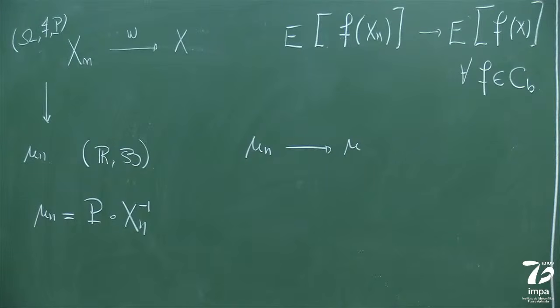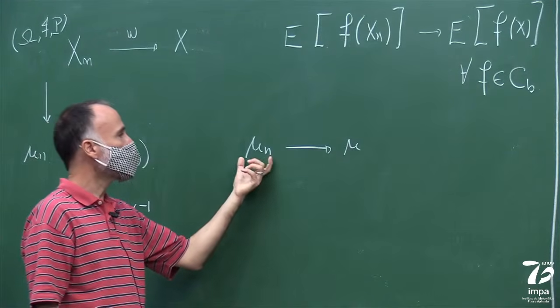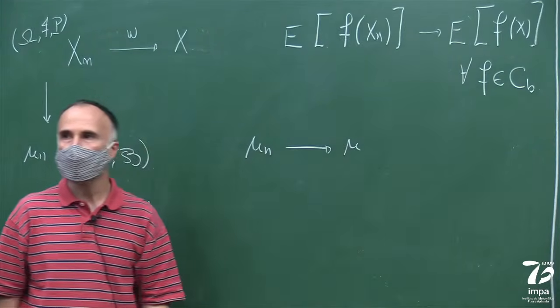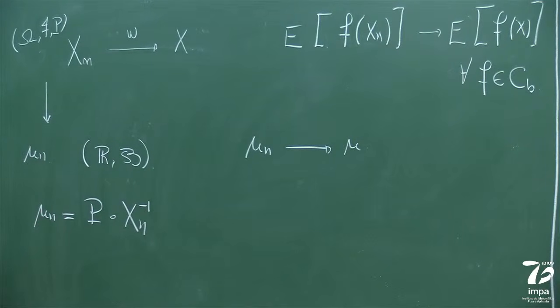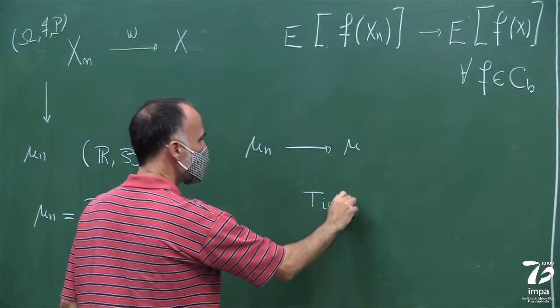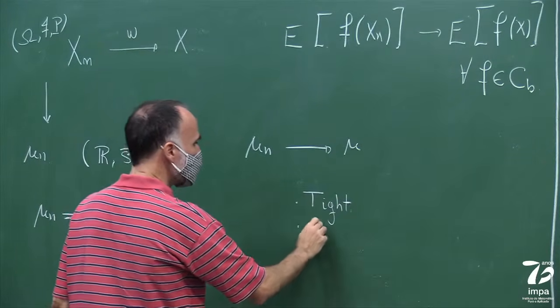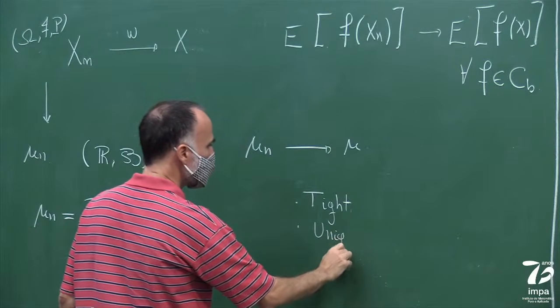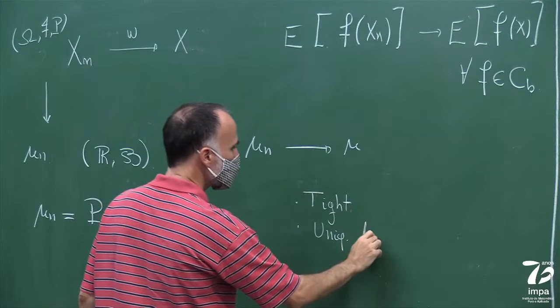So there is a compact which contains everything, and then you characterize the limits of the converging subsequences. Right? So we proceed in 2 steps. Prove tightness first, and then prove uniqueness of limit points.